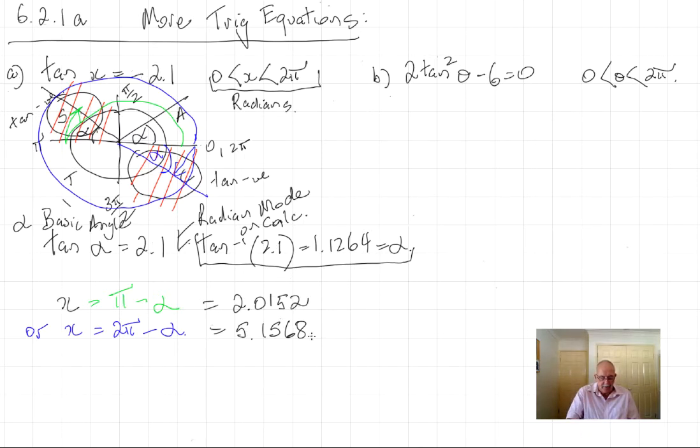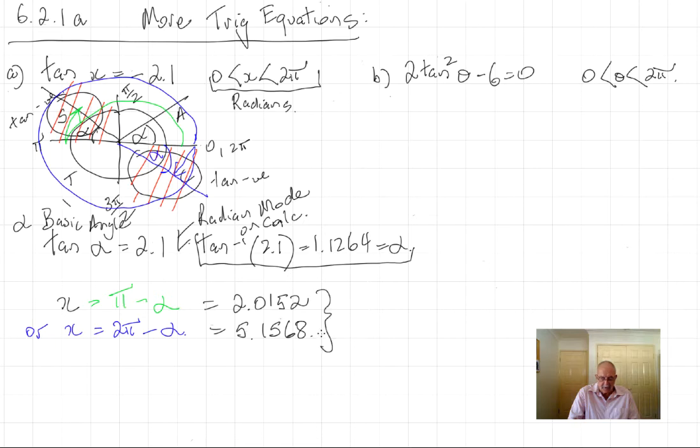And if you put tan of that angle on your calculator in radian mode, you should get negative 2.1. So you should be able to check your answers there. Another thing to look at is that, as we said, 1 radian is around about 60 degrees. So 2 radians is going to be around about 120, which is certainly in the second quadrant. 5 radians, a bit around about the 300 degree mark, and this is from 270 to 360 if we're talking degrees. So there are my 2 answers.